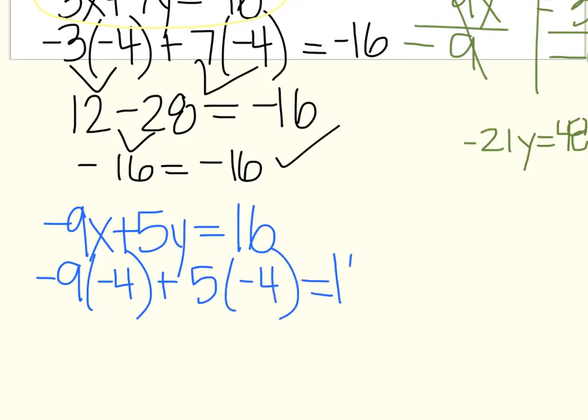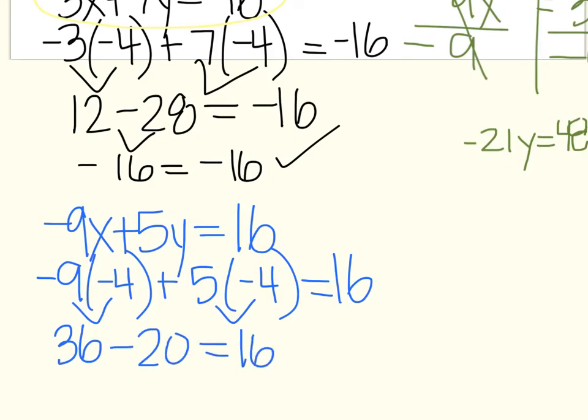And it should give us 16. Negative 9 times negative 4 gives me a positive 36. 5 times negative 4 gives me a negative 20, or minus 20, and it should equal 16. And 36 minus 20 does give me 16. So 16 equals 16, and it checks.